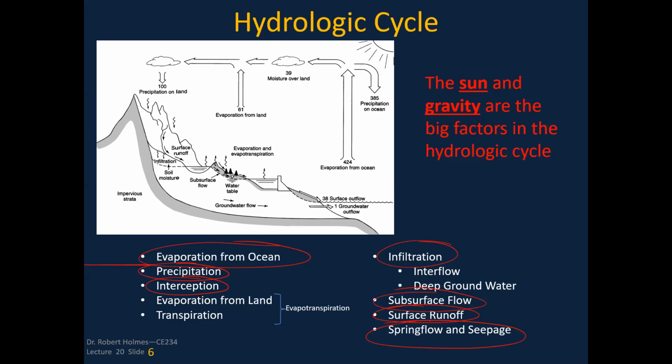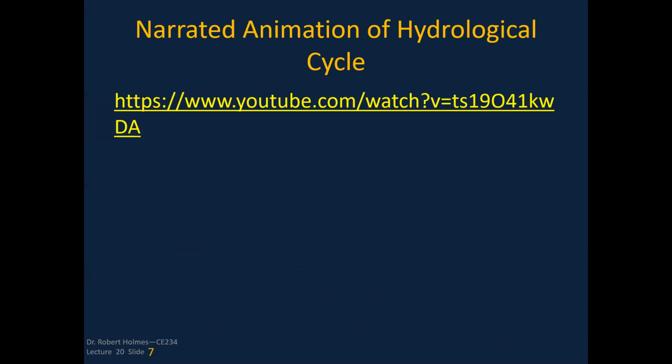There's evaporation from the land, and then there's transpiration, the process that happens when vegetation in bloom transpires vapor back up into the atmosphere. In rainfall runoff processes we typically call this evapotranspiration, the combination of the evaporation component and the transpiration.